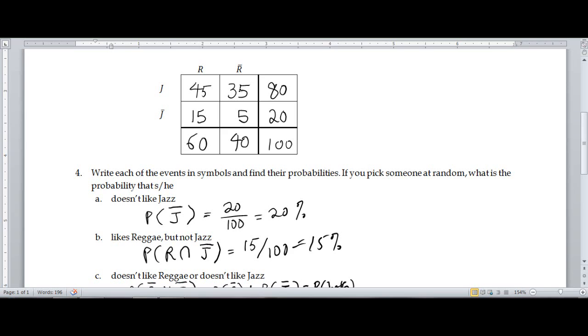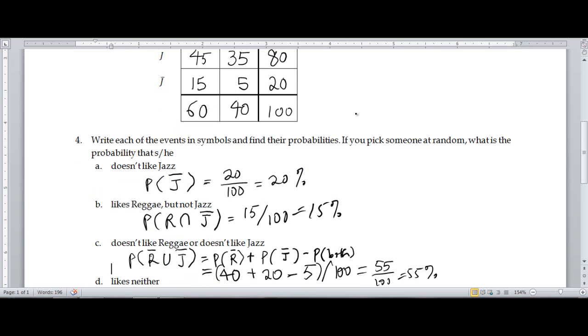So I'm basically looking at these 3 cells, 35, 5, and 15. Or you could do 35 plus 5 plus 15 for the number of people who don't like reggae or jazz. 30, 40, 55. Same answer.